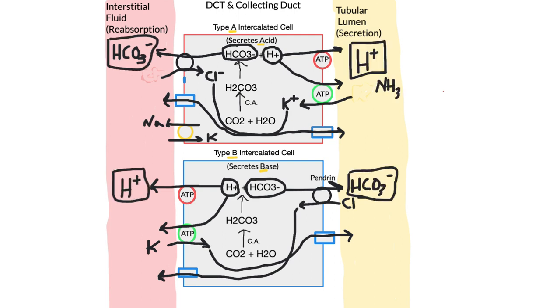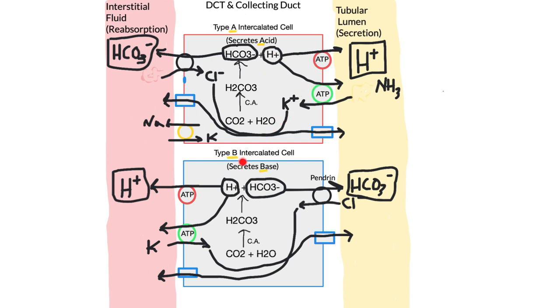So let's review what happened here. In our type A intercalated cell, we were in a condition of acidosis, meaning that our blood pH was too low. To combat this, we're going to reabsorb bicarbonate in exchange for chloride, and we're also going to secrete hydrogen through our hydrogen ATPase and our hydrogen potassium ATPase.